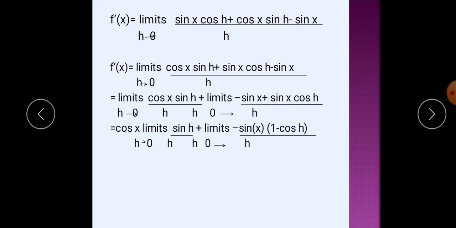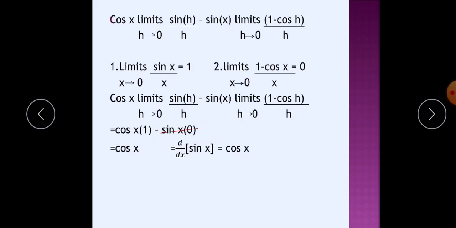Next is cos x times the limit as h approaches 0 of sin h over h, minus sin x times the limit as h approaches 0 of 1 minus cos h over h.